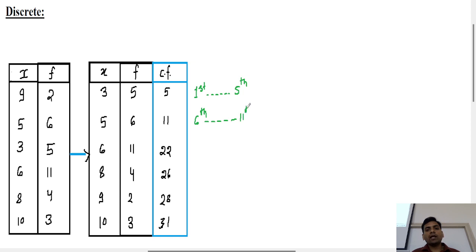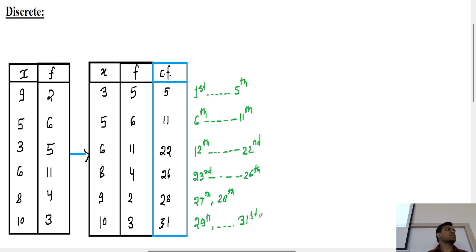Clear? And the next category starts from 12th and goes to 22nd, and next is from 23rd to 26th, and this starts from 27th and frequency is 2, so that's why 27th and 28th, and next is 29th to 31st. Is it clear? So this is the distribution.